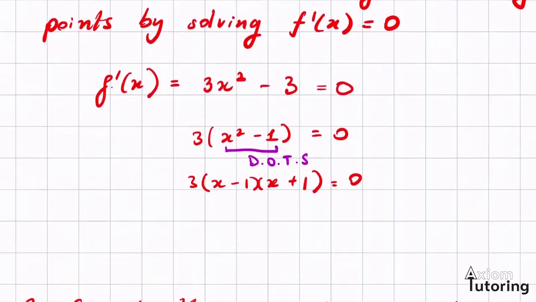So that's how we would factorize this quadratic. And to solve it, we extract our roots, which are x equals 1 and x equals minus 1. Now these correspond to the x-coordinates of our stationary points.